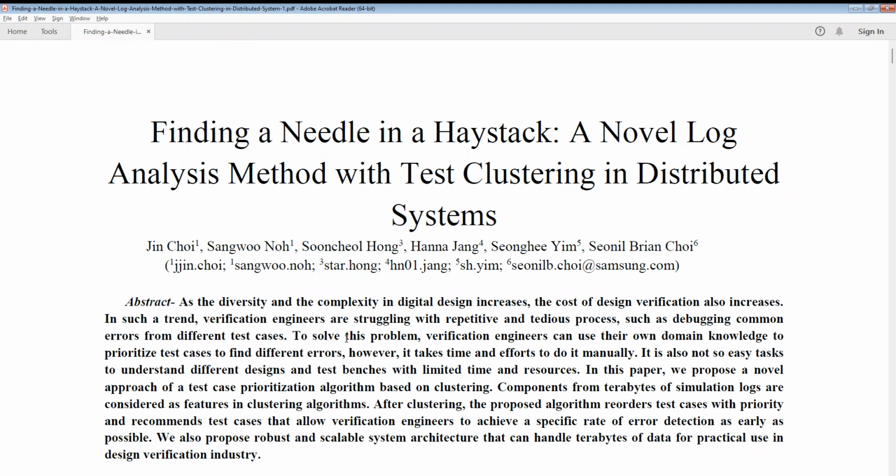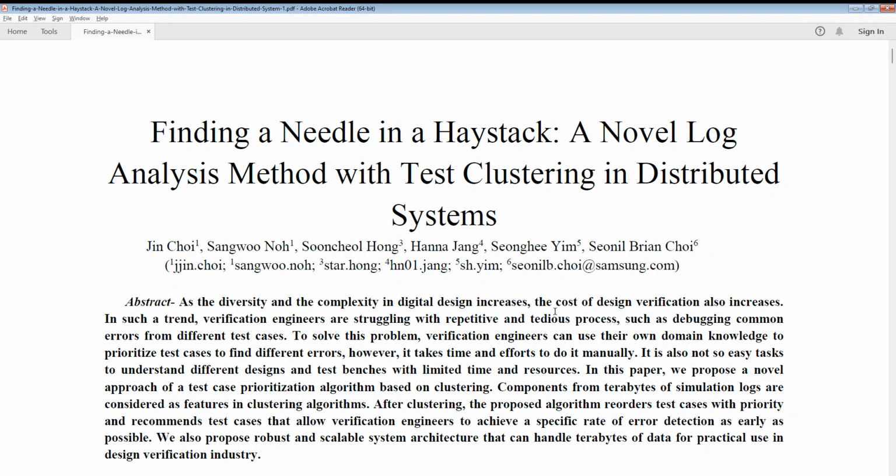To solve this problem, verification engineers can use their own domain knowledge to prioritize test cases and find different errors. However, it takes time and effort to do it manually.